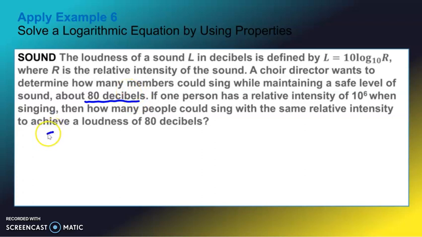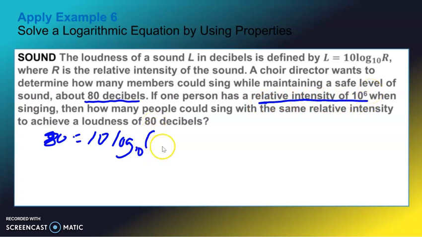So I'm going to have 80 equals, and then I have 10 times log base 10 of R, and R is the relative intensity. And if one person has 10 to the sixth, I need to find how many people can be in the choir to reach the 80 decibels. So that's going to be 10 to the sixth times X.